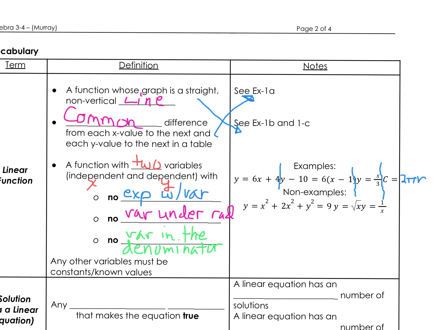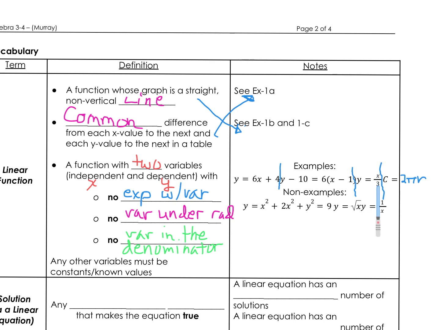Okay, so these are perfect examples of a linear function, because notice that all the variables have an exponent of 1, and none of them are in the denominator of a fraction or under a radical. Y has an exponent of 1, so does x. No x or y is in the denominator of a fraction or under a radical, so that's linear.